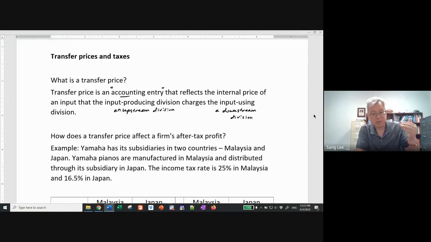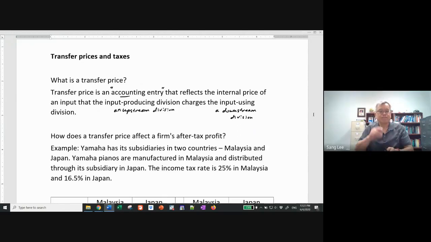So a transfer price is not a real price a buyer pays. It is just an accounting entry that the input producing division, an upstream division, charges the input using division, a downstream division. We're going to use a more concrete example to better understand the concept of a transfer price and how this topic is related to tax.